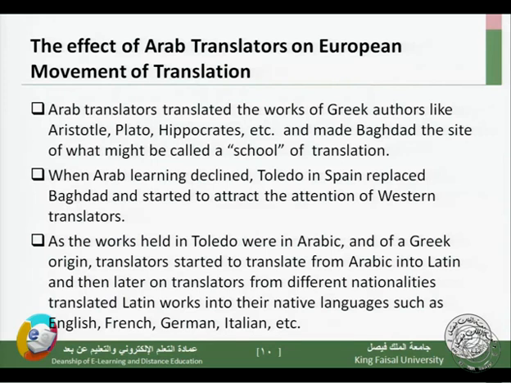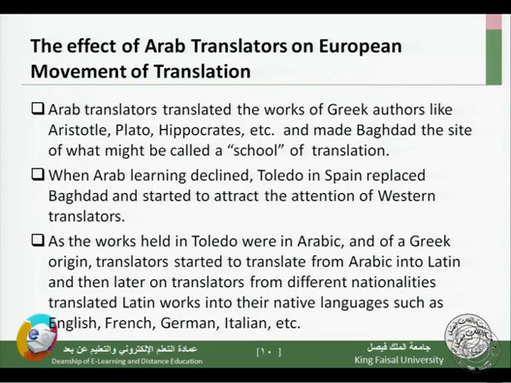So translators started to translate from Arabic into Latin, and then other translators started to translate from Latin into other languages such as English, French, German, Italian.